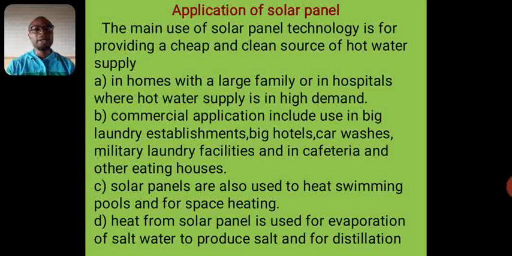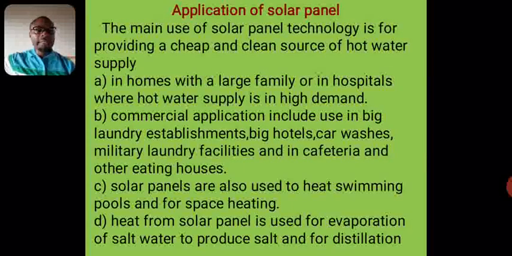And secondly, commercial applications include the use in big laundry establishments, big hotels, car washes, military laundry facilities, and in cafeterias and other eating houses. Thirdly, solar panels are also used to heat swimming pools.